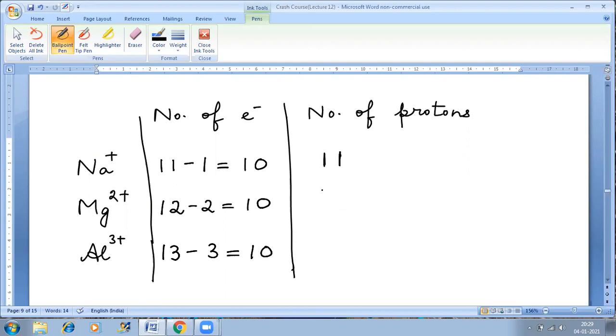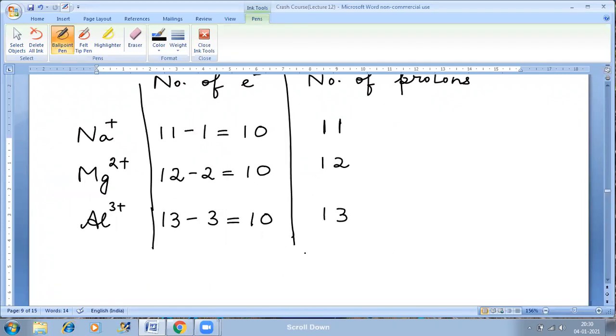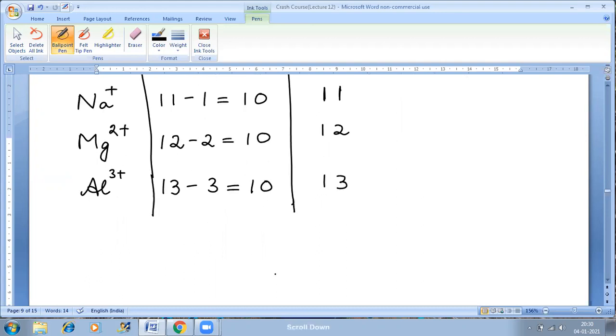The number of protons does not change with the formation of any ion, so it remains the same. The number of electrons is 10 in Na plus, 10 in Mg2 plus, and 10 in Al3 plus. So Na plus, Mg2 plus, and Al3 plus are isoelectronic species.